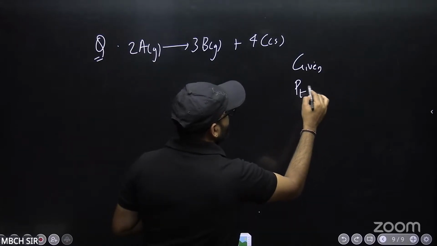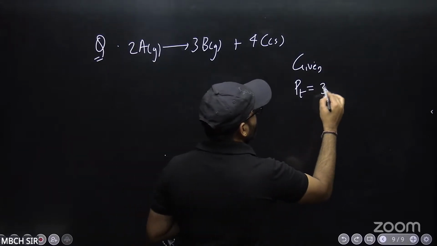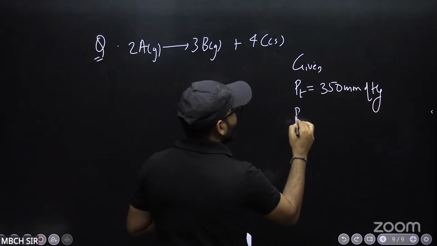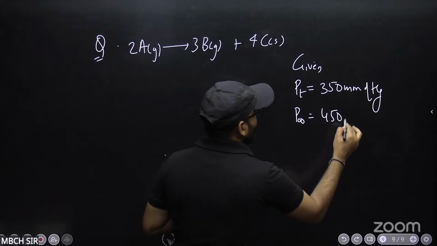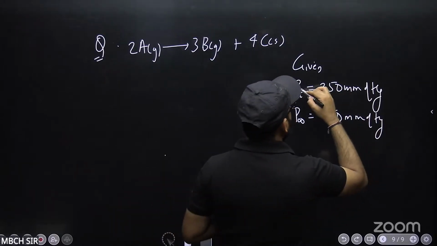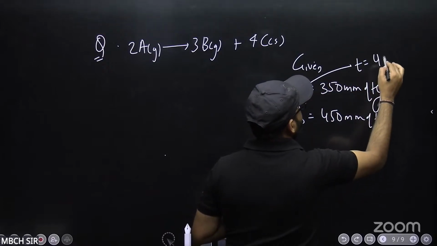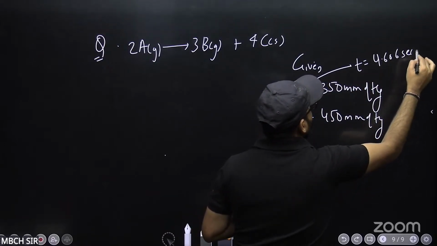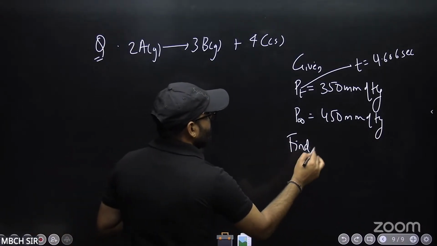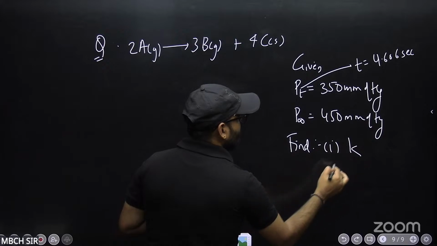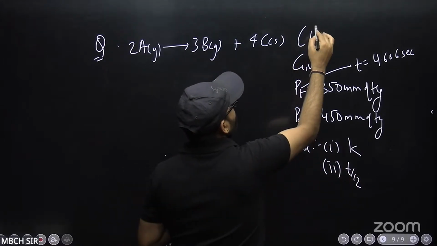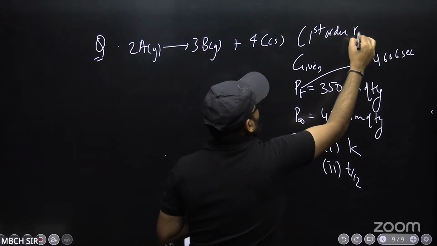PT equals 350 mm of Hg and P infinite is 450 mm of Hg, and time is 4.606, let's say seconds. Then find first K and second T half, given that this reaction is a first order reaction. Come on, do it.